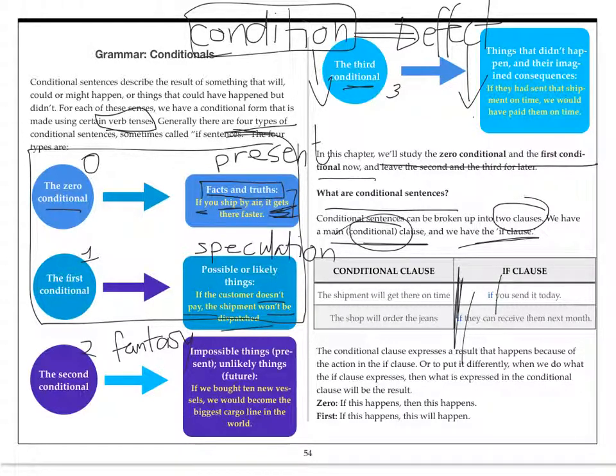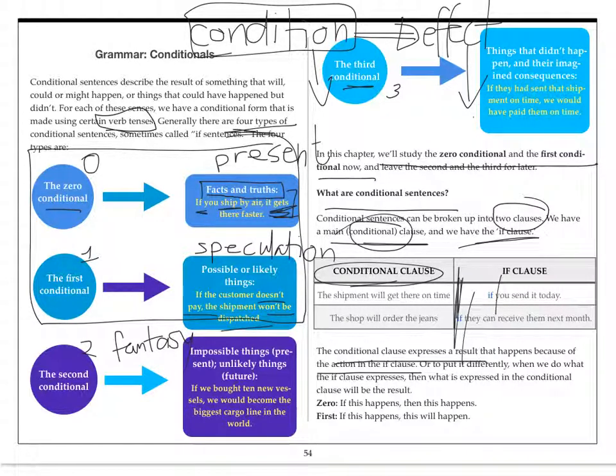The conditional clause, the first one in this case, expresses a result, right? That happens because of the action in the if clause, right? So the conditional clause is the effect, right?